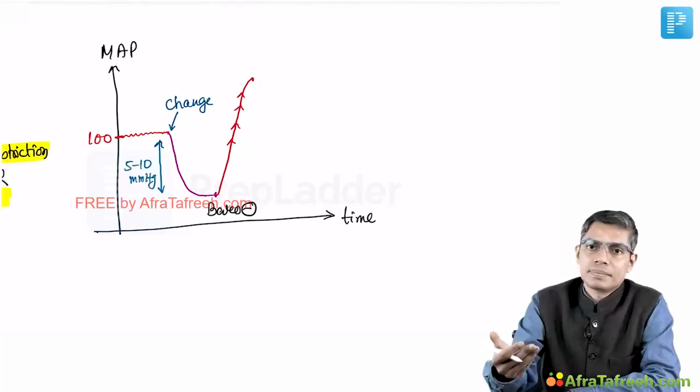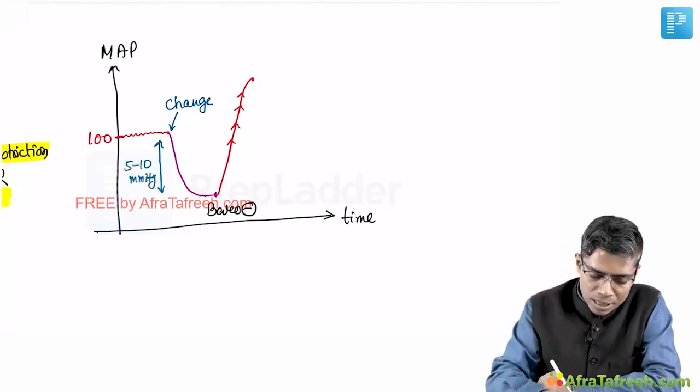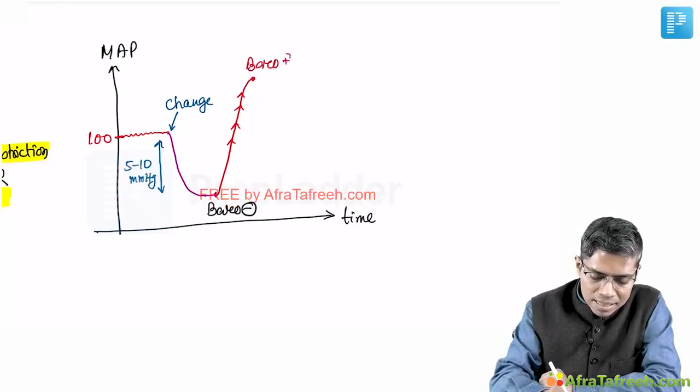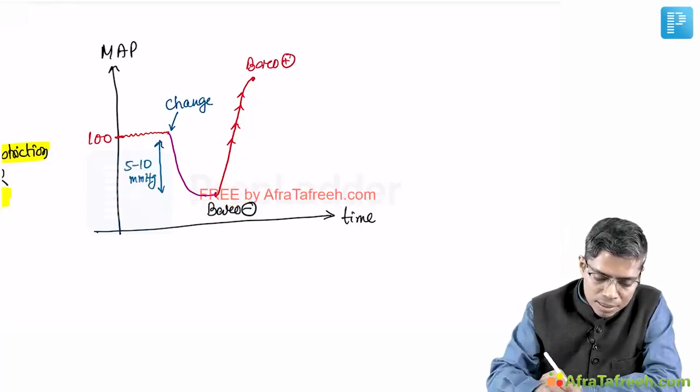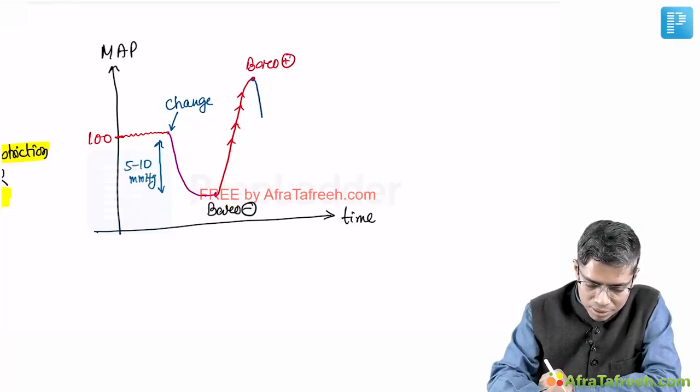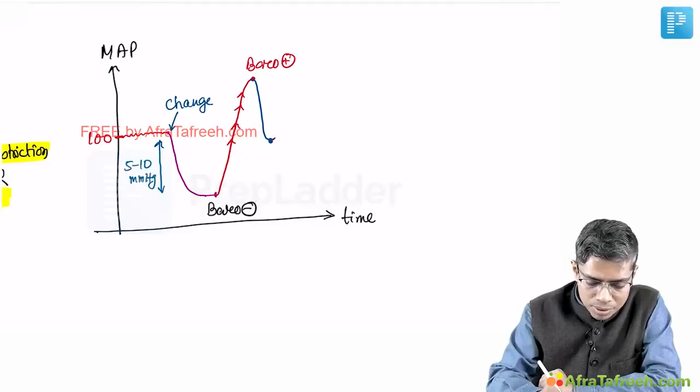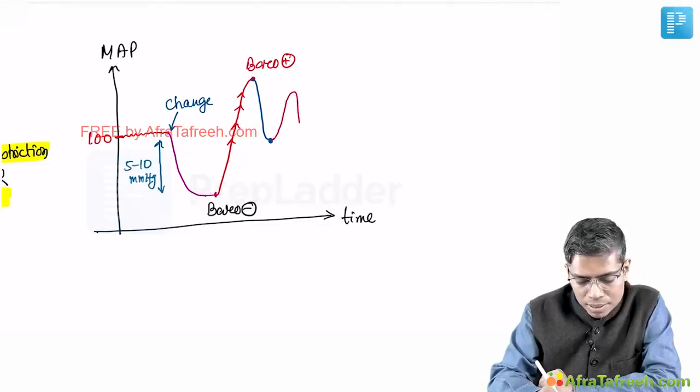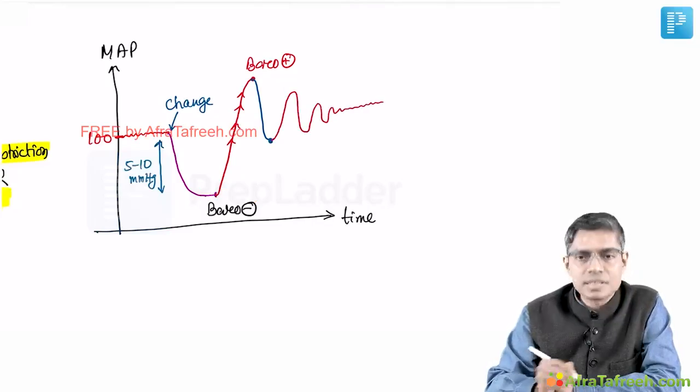First it will overcorrect, blood pressure will overshoot. Then whenever the blood pressure overshoots, at this point again the baroreceptor will be activated. It will try to bring the blood pressure again in the downward direction, right? Again the blood pressure will be inhibited. Again it will try to raise the blood pressure. Now you look at, this fluctuation is decreasing gradually and now ultimately it will be stabilized.